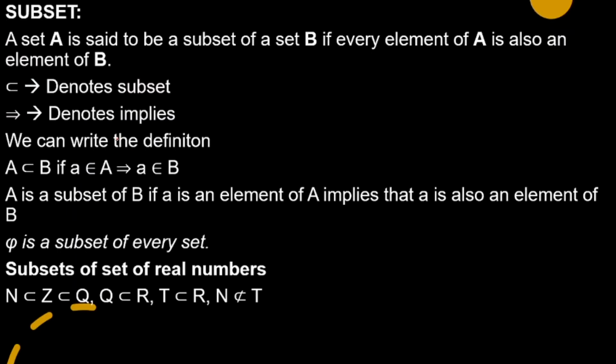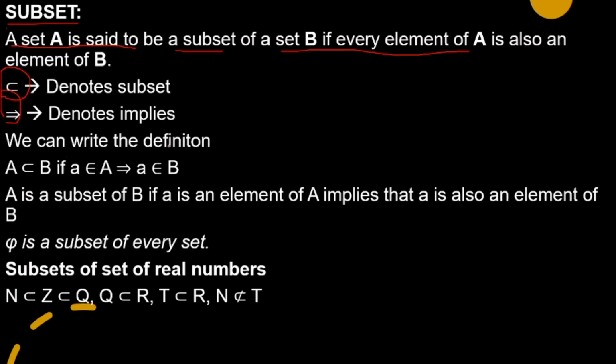Our next topic is subset. Subset means, I'll read out first. A set A is said to be a subset of a set B if every element of A is also an element of B. For subset, this symbol is used to denote subset, and this is to denote implies.